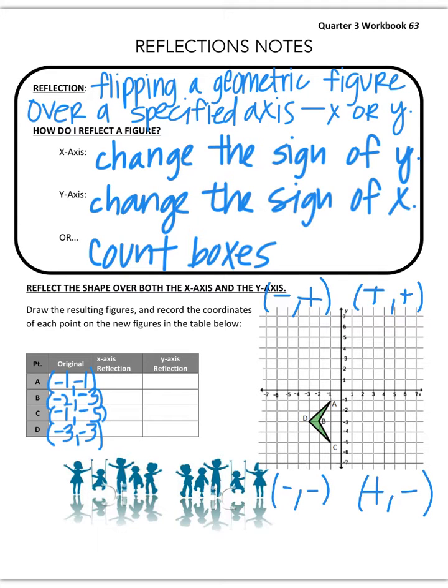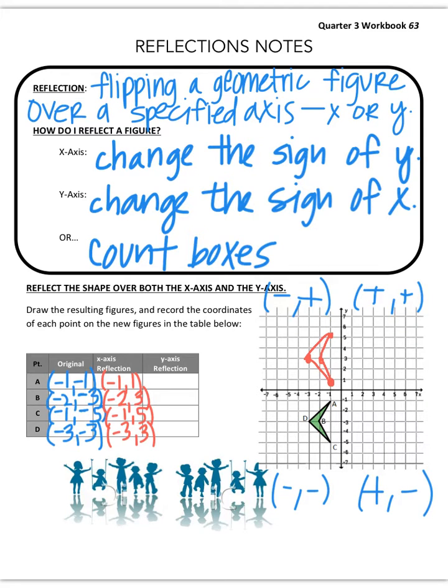Okay, so if we're going to quadrant 2, we're going to have negative x values and positive y values. Okay, so I adjusted all my signs, negative x values, positive y. Now let's plot those here in quadrant 2. Okay, so now we plotted those figures. We have to be sure that we label those.